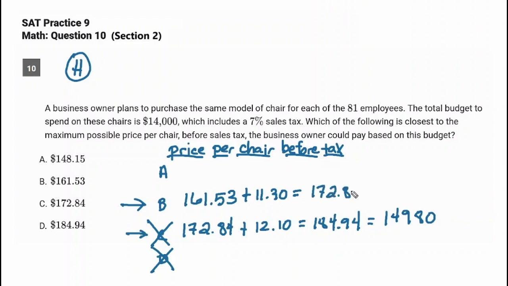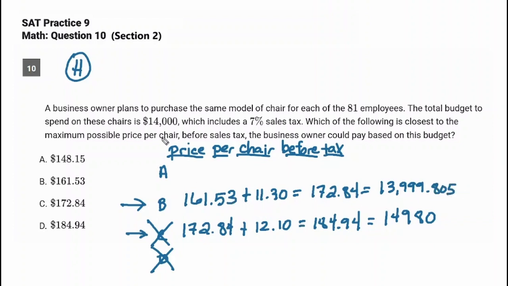But again, it's a decimal, and you can just keep it on your calculator. What are you going to do with that? You're going to multiply it by 81. And when you do that, you're going to get 13,999.805.